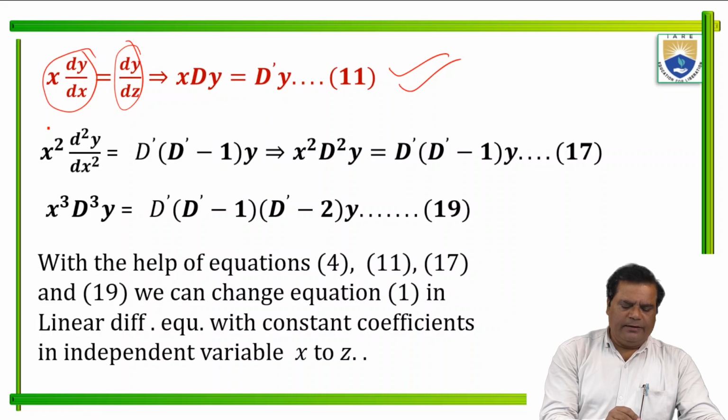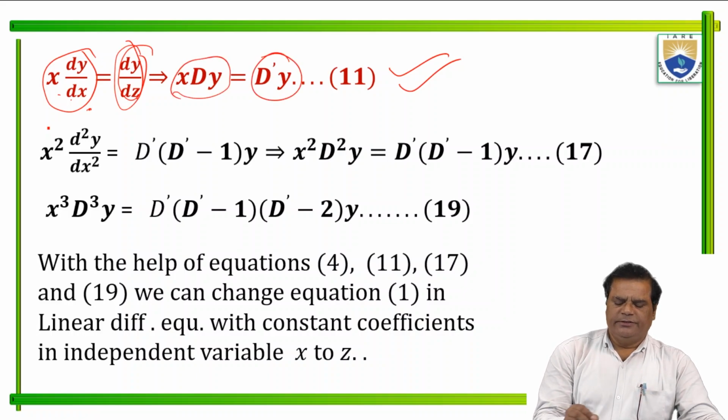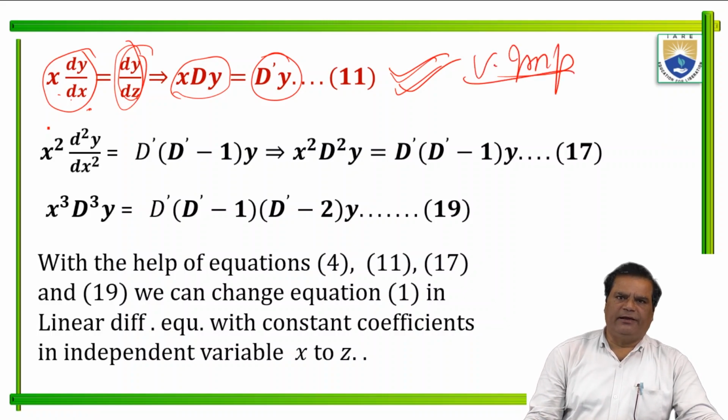We proved x dy dx equals dy dz. Here the variable is x, here the variable is z, so x converts to z. Finally, x dy equals D dash y. This is equation 11, a very important equation. We apply the same formula 11 in our question.